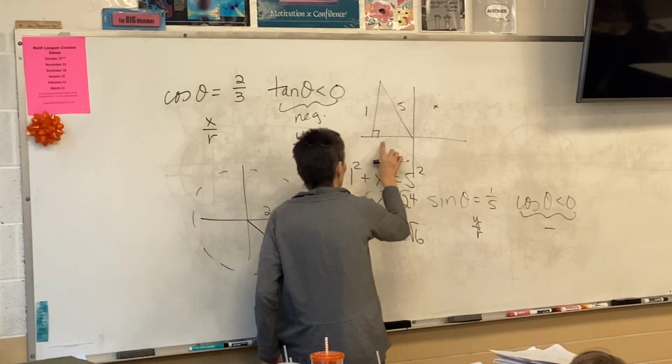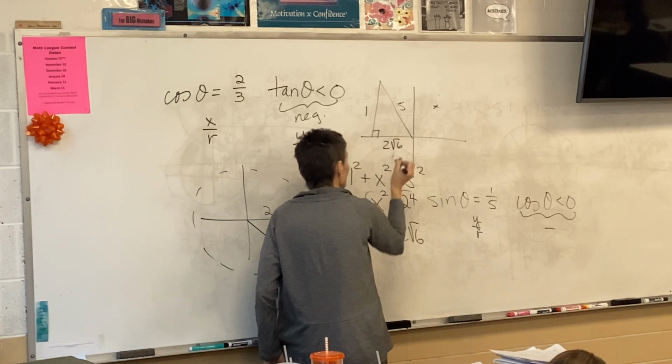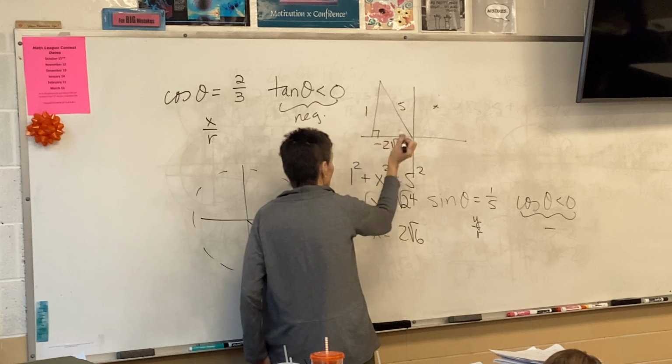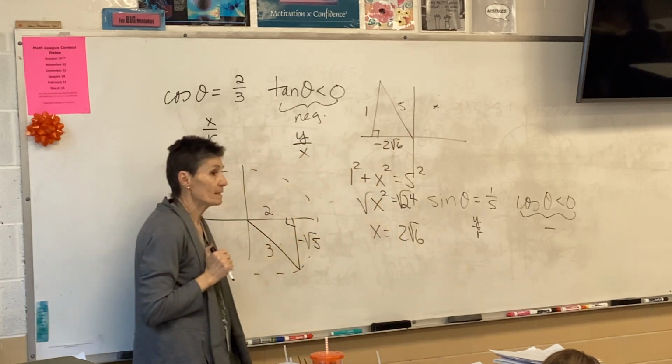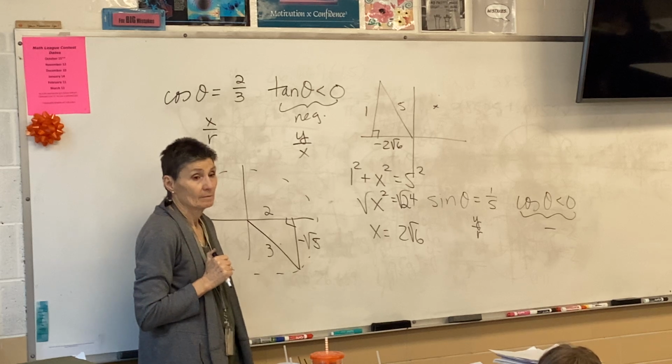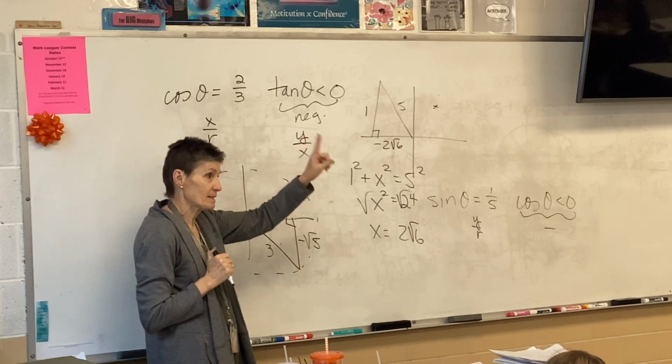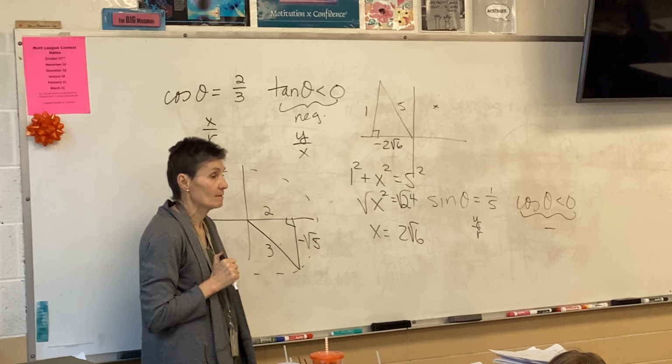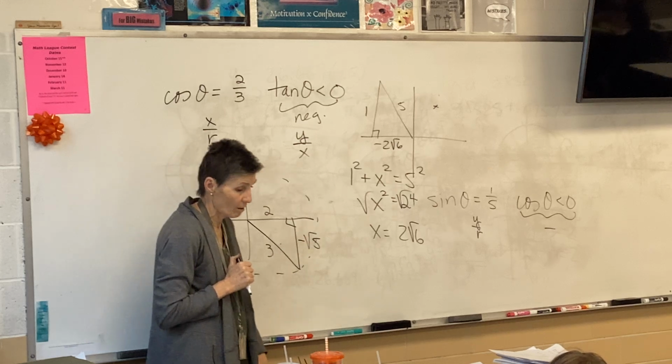And be careful though, when I put that 2√6 up here, I have to make sure I mark it negative because of where it is, to the left. That will be the biggest mistake that's made. People will forget negatives. Pay attention to where you are.